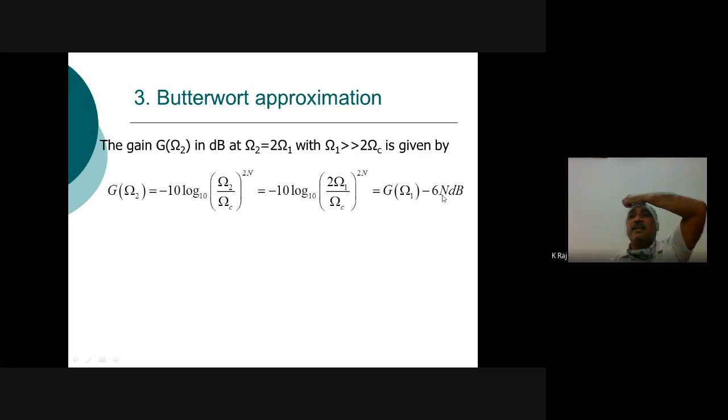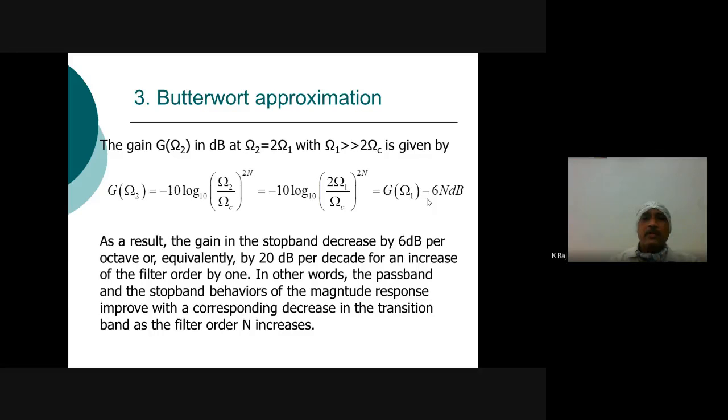So as we increase the frequency, the gain in the stop band decreases by 6 dB per octave, or equivalently by 20 dB per decade, for an increase of the filter order by 1.